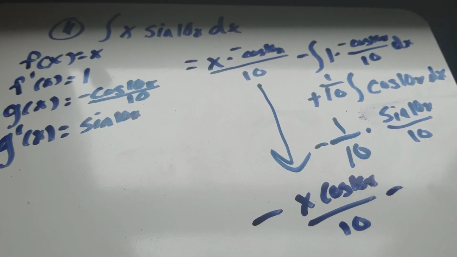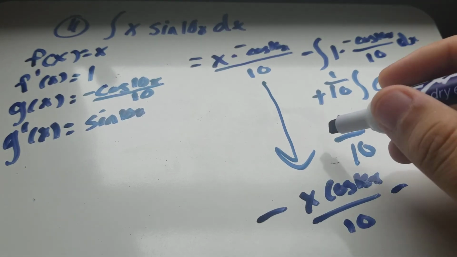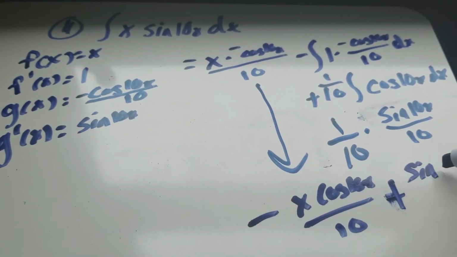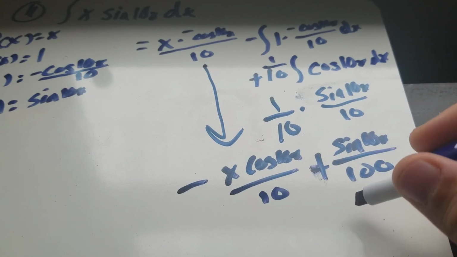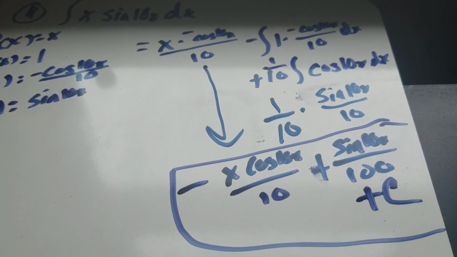Why do I have a minus here? Yeah, there shouldn't be a minus here. So there should be plus sine 10x over 100. So that's your answer. Oh, and plus c. So that's your answer for number 11.